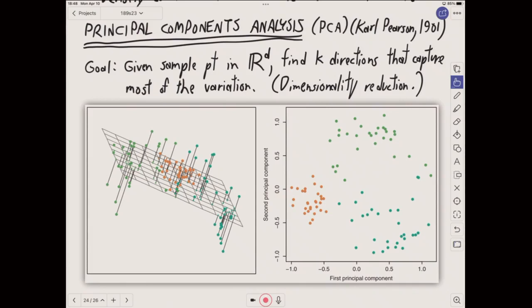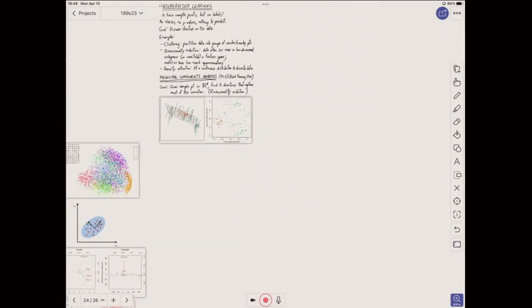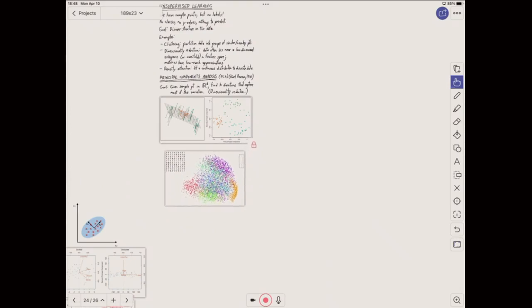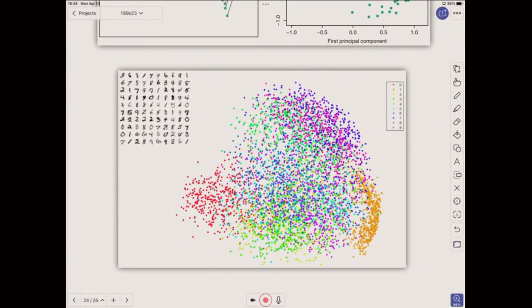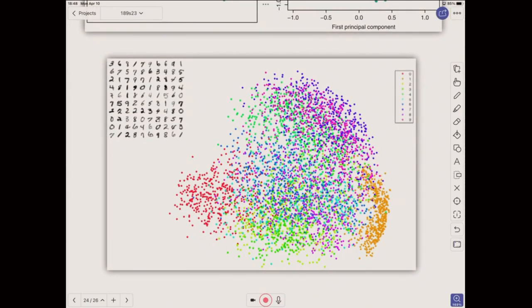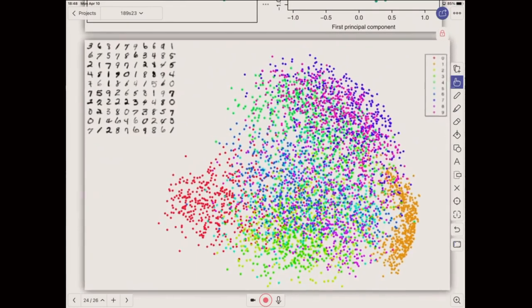So projecting from 3D down to 2D is the best way to give us intuition for what's going on. But what's very commonly done in practice is that we project down from a much higher dimensional space. And so here is an example where we are projecting down the digits from the MNIST data set that you worked with, for instance, in homework 1.